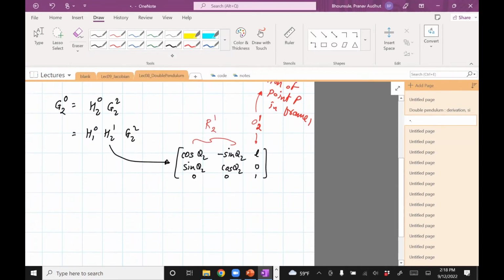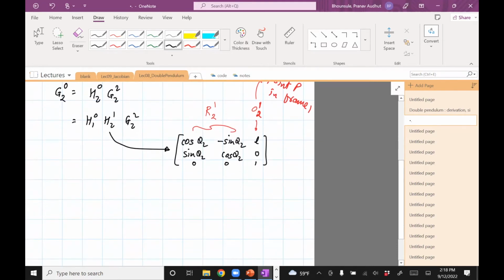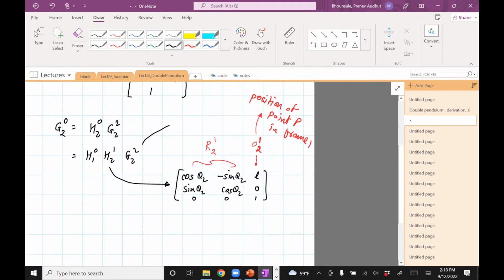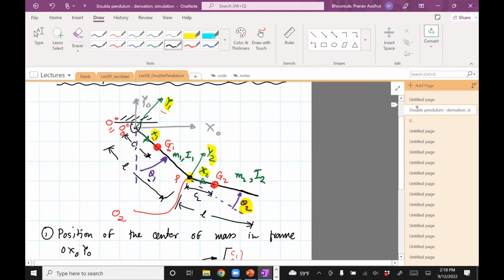Okay, and then G22. We can again quickly look at the figure. G22 is the location of this point, G2, in frame 2, this frame. Okay, so you can see that the point G2 is along the x2 axis, and so its location is simply C2 along the x2 axis.